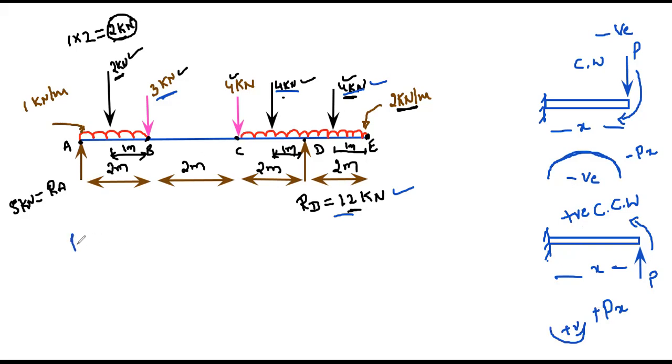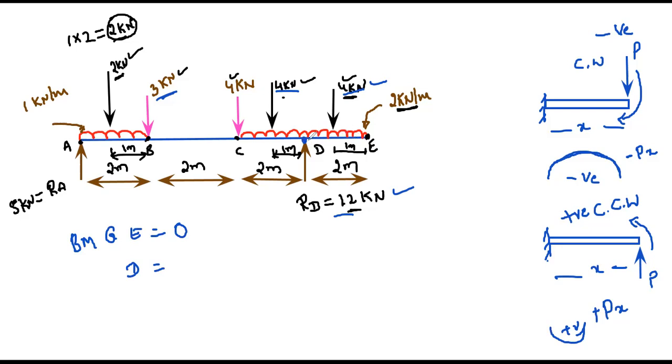Now, bending moment at E. At this point, we don't have any point loads. If we don't have any point loads, then the moment about this point is zero. At point D, we need to calculate bending moment. I should know force and perpendicular distance.